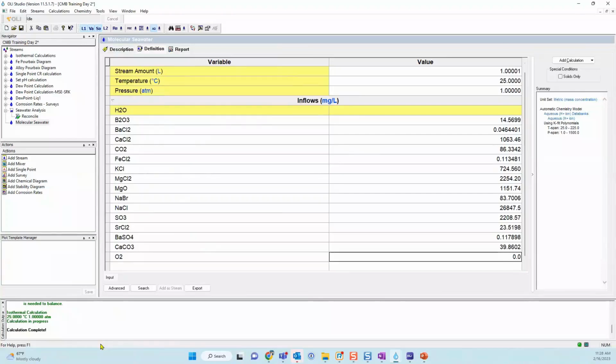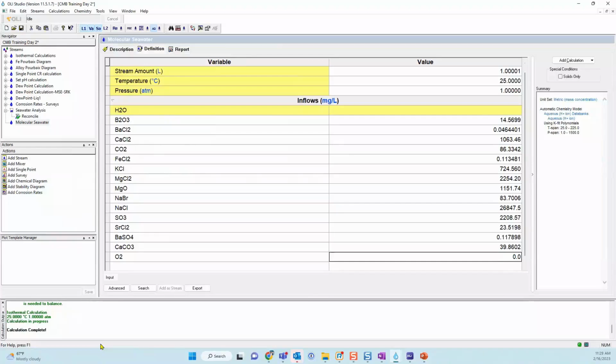What I want to do is find the critical concentration of oxygen in this seawater analysis that will start causing localized corrosion damage on my stainless steel 304 at 25 degrees C and 1 atmosphere, at room temperature and pressure.